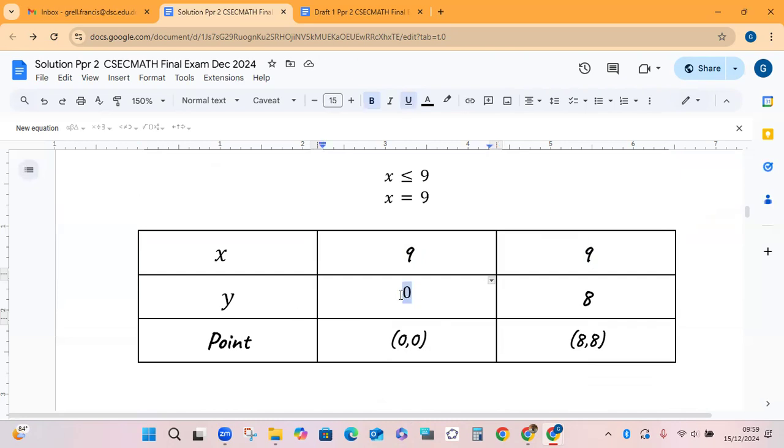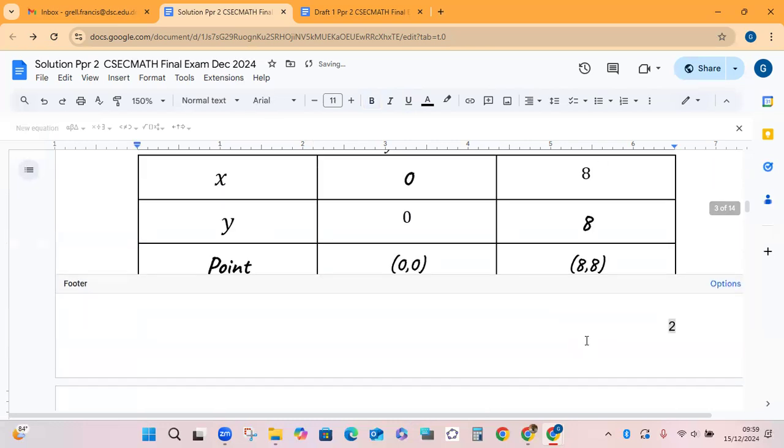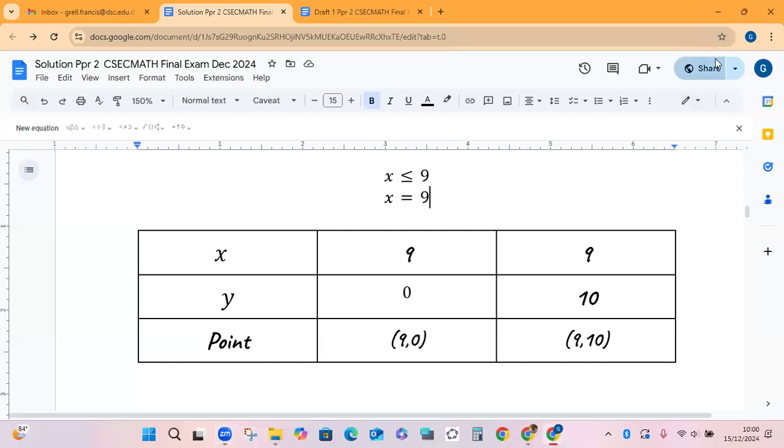Y can be 0, or y can be 8, y can be 10, whatever. So it's 9, 0, and 9, 10. For this one, no calculation was necessary because x has to be 9 and y can be any value.